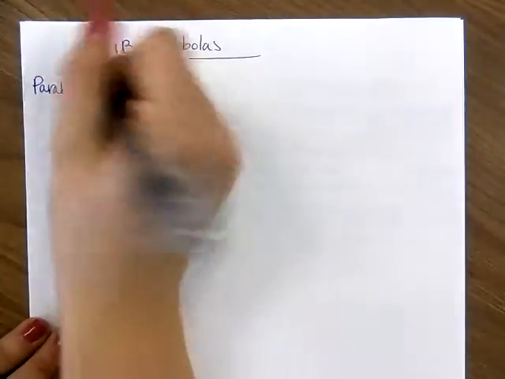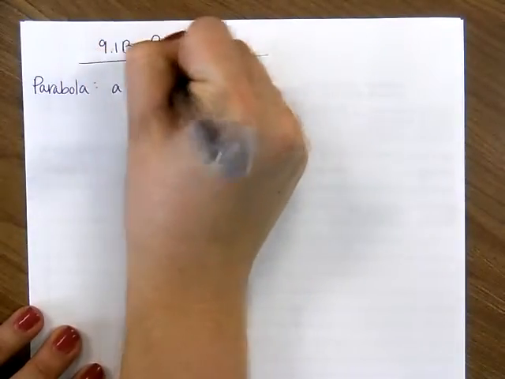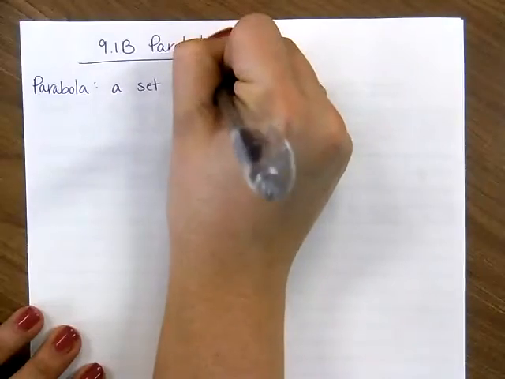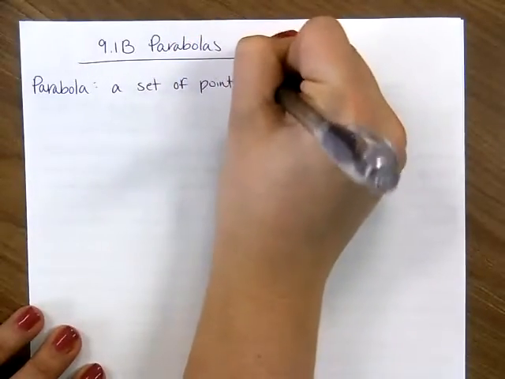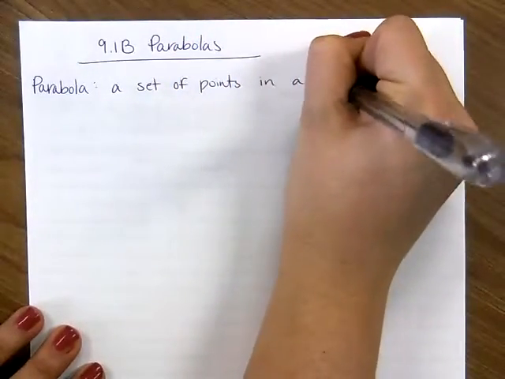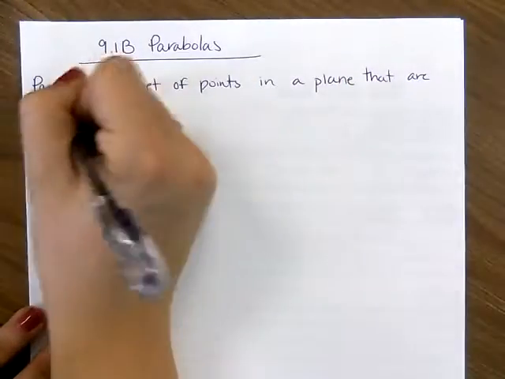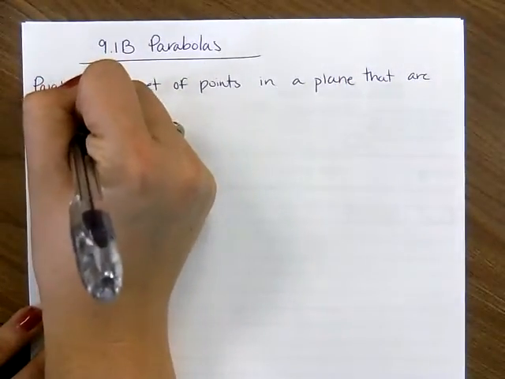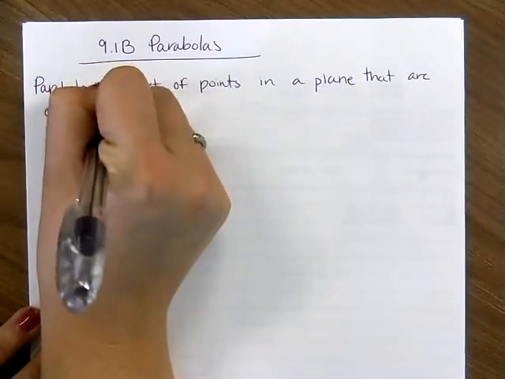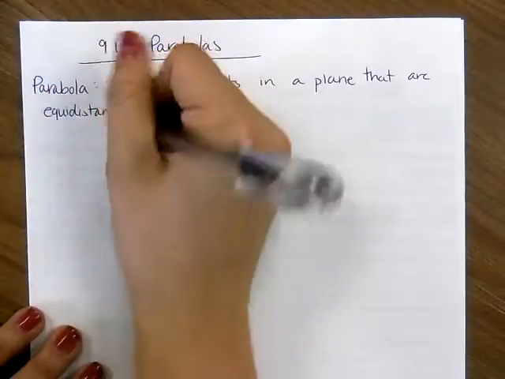We're talking about parabolas today. All right, so a parabola is a set of points in a plane that are equidistant. Means equal distance. Just trying to be fancy.